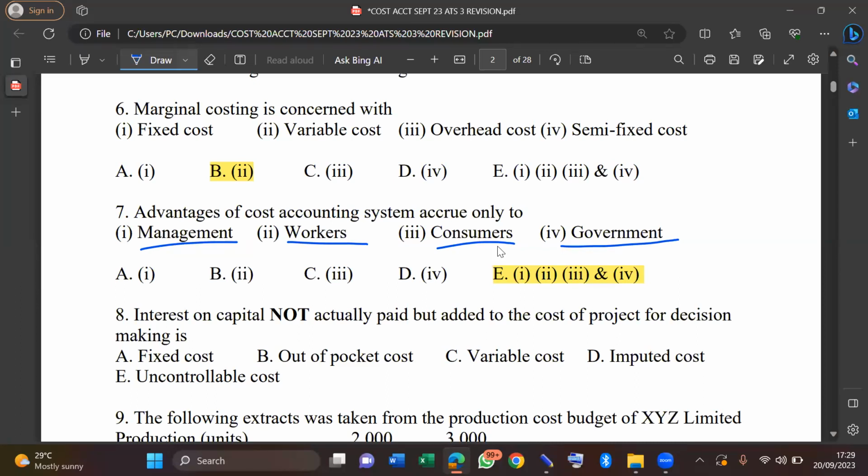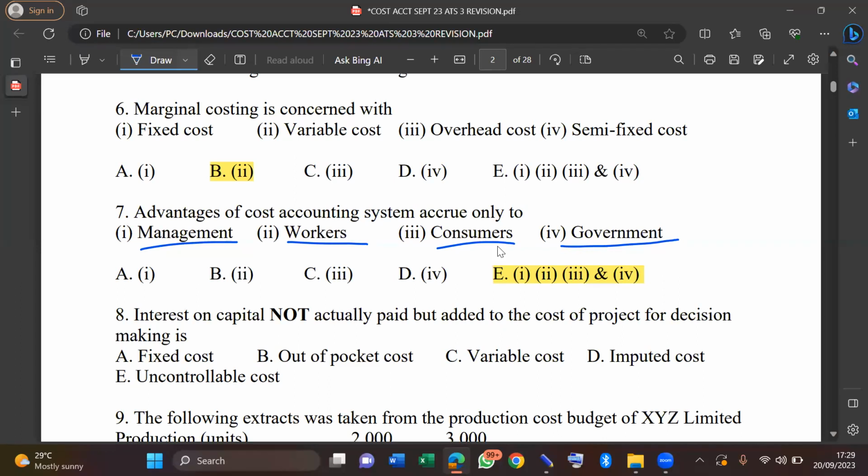It is beneficial to both internal and external usage. Who are the internal users? Management and workers. The external users, consumers and government. Who are the consumers? Your customers, those people that consume.